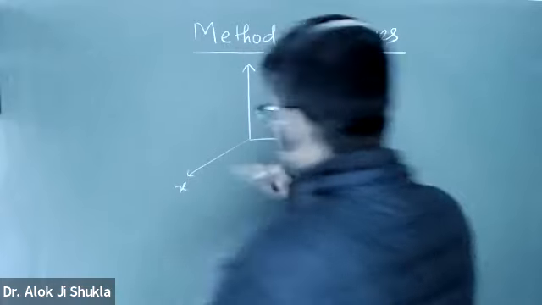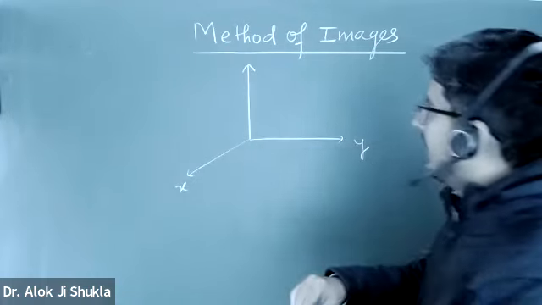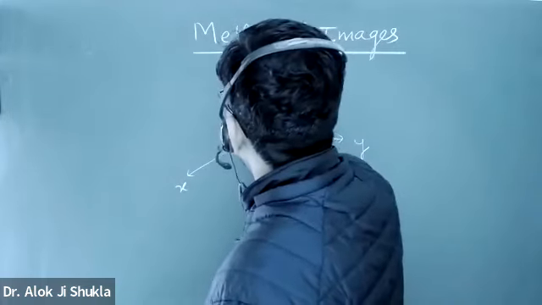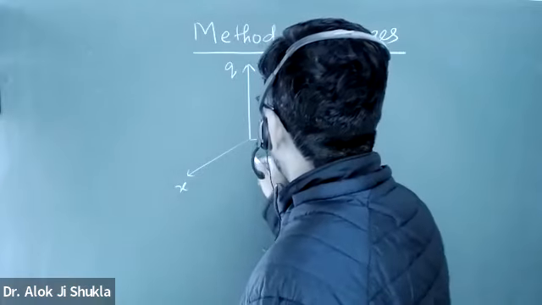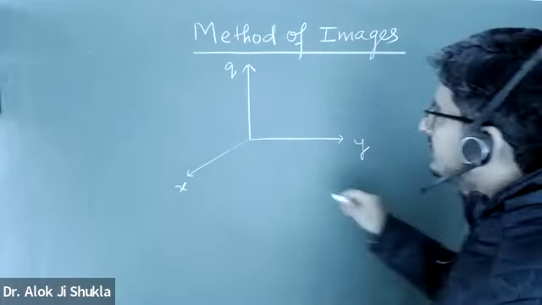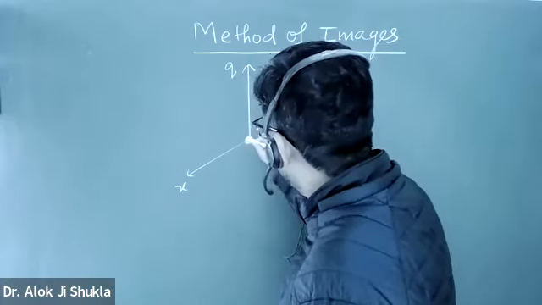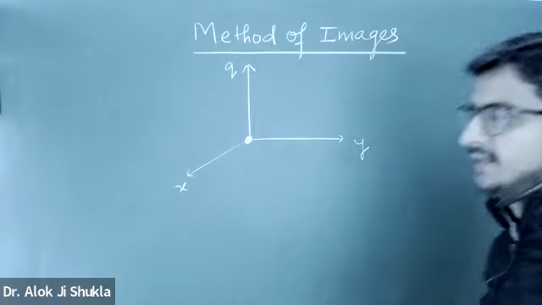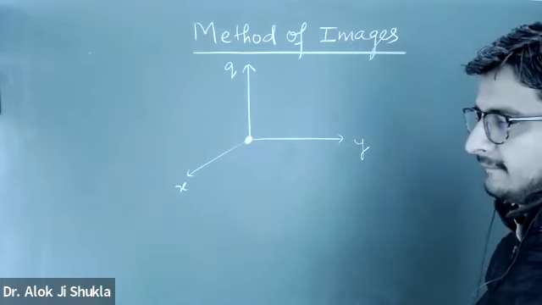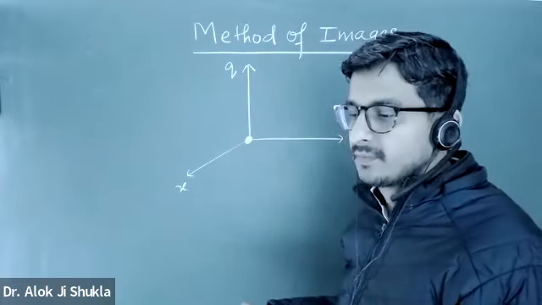plane, perpendicular to the board, and this was the charge q here, and this is an infinite plane. So I was telling that if you calculate charge density at this point, it will be maximum because charge q is closest to this, yes or no? Yes.